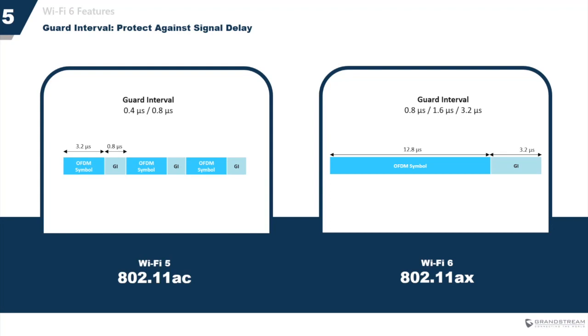Not only that, but it also increased symbol duration 4 times as shown in the slide. Longer symbol durations can be very helpful in outdoor deployments where the delay spread is usually larger than indoor places. Just keep in mind that a longer GI protects against inter-symbol interference and lowers the data rate, while a short GI increases data rate but also increases the chance of getting inter-symbol interference.